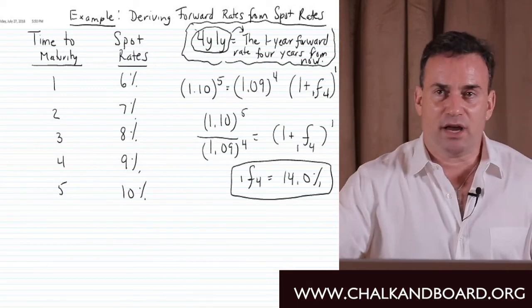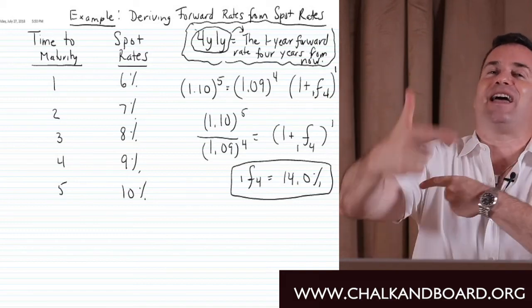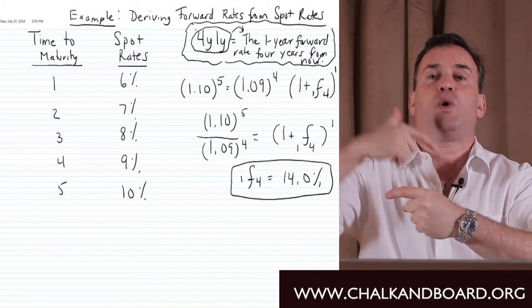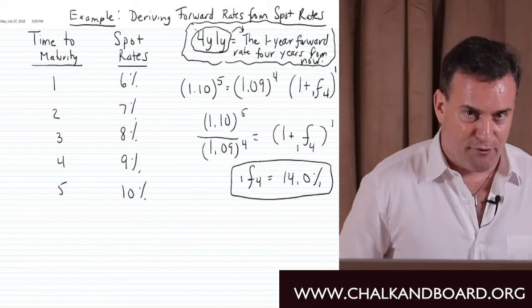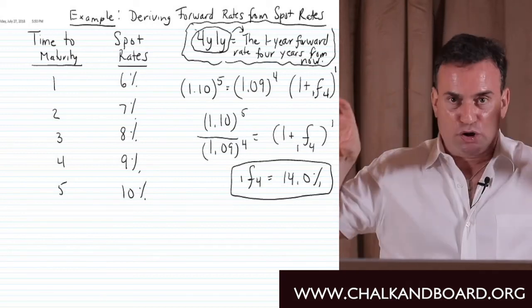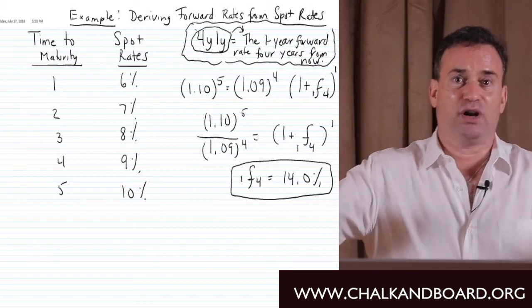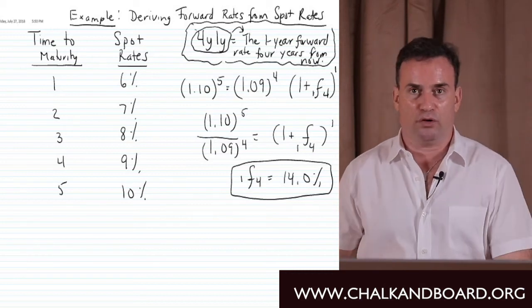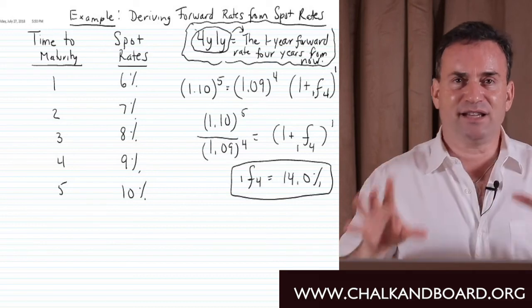At the end of the 1 year, I would collect my proceeds, and then I could roll it over into another 1-year bond 1 year from now. And the returns on those two alternative investment opportunities should give me the same overall return. So that is the idea here.